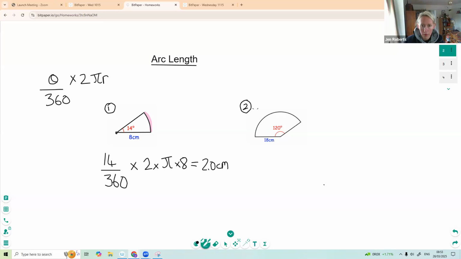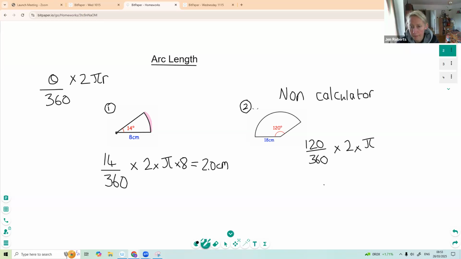Now for the second one, which might appear on the non-calculator paper, it might ask you to give your answer in terms of pi. So here we have 120 over 360 times 2 times pi times the radius, which is 18.